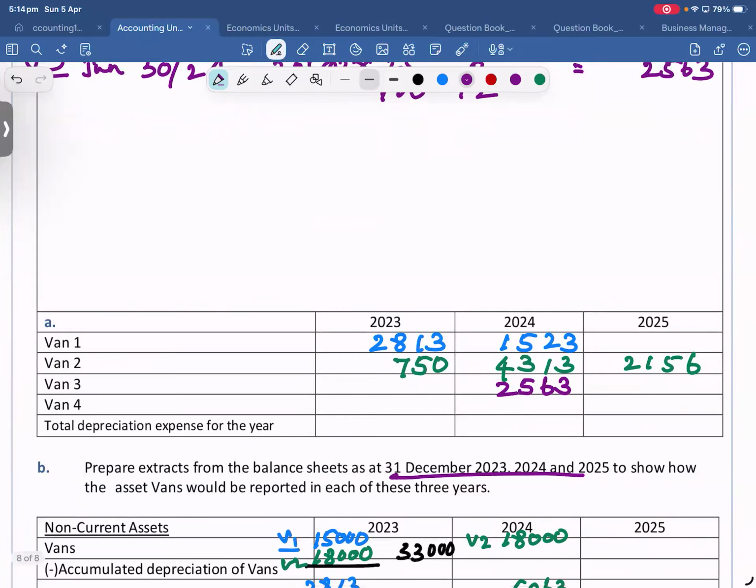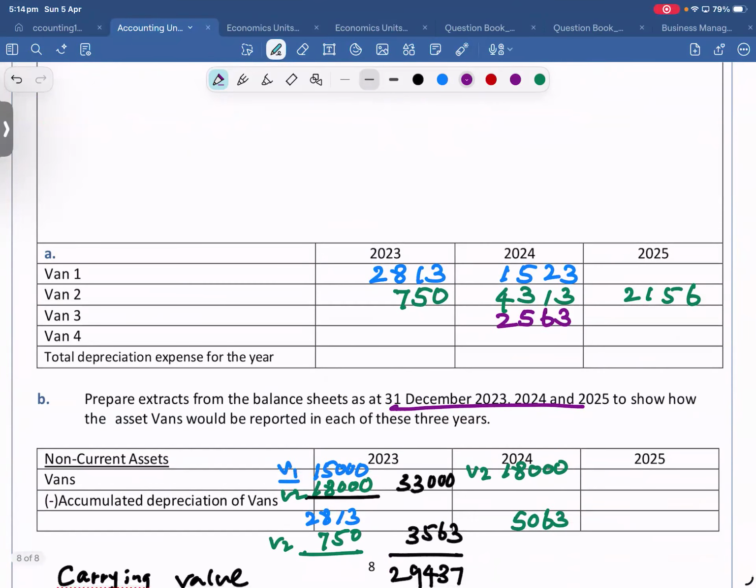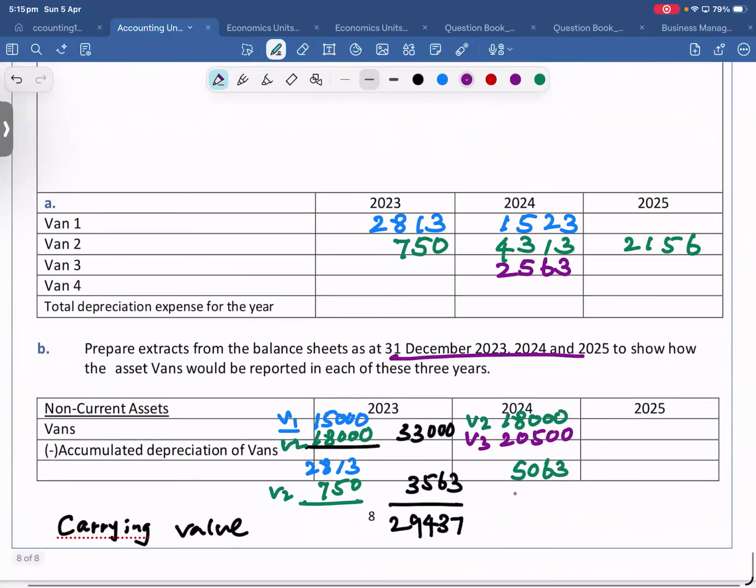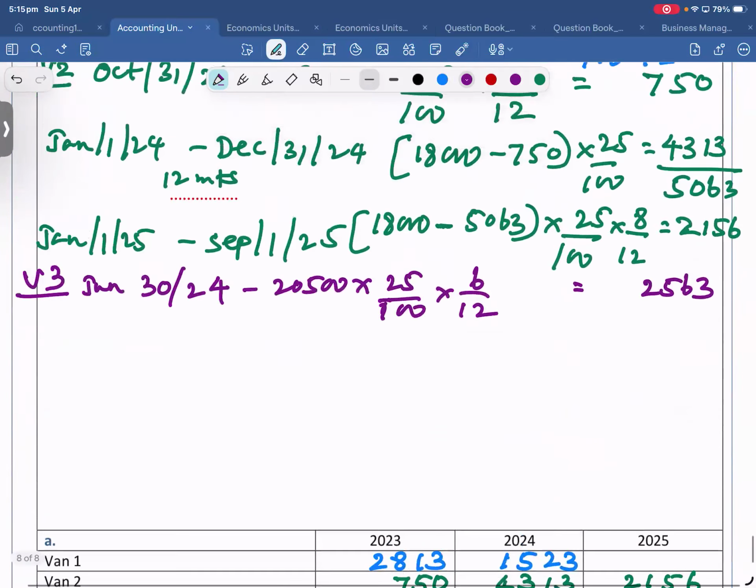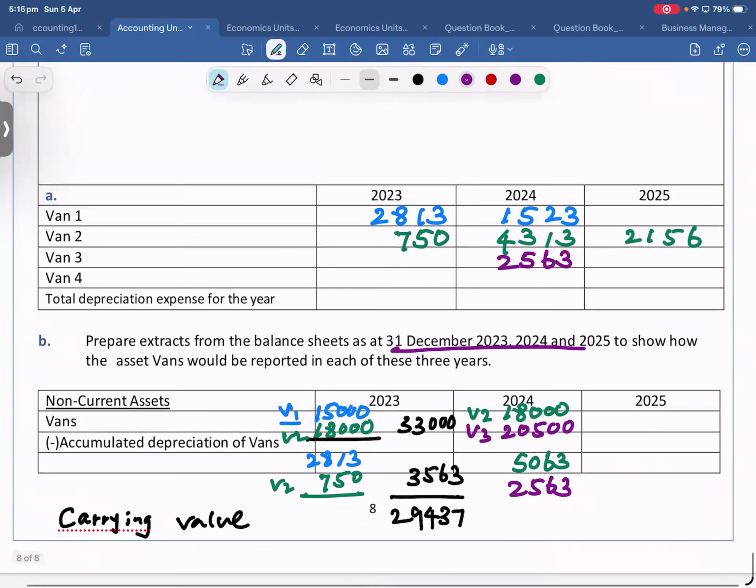Can we include in the balance sheet? Yes. V3, this is going to be 20,500 and accumulated is going to be 2563. We can complete that here, because the next one is purchased in 25. So we'll finish it off, guys.